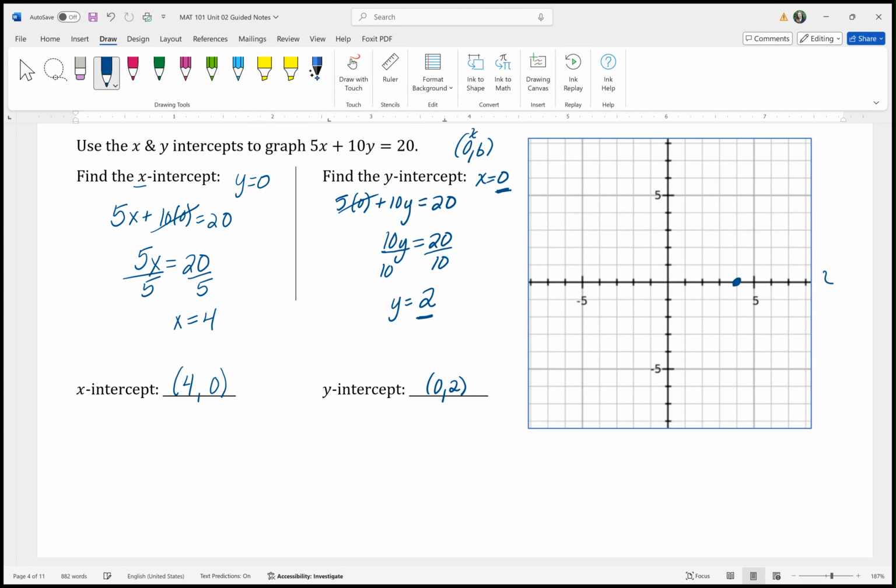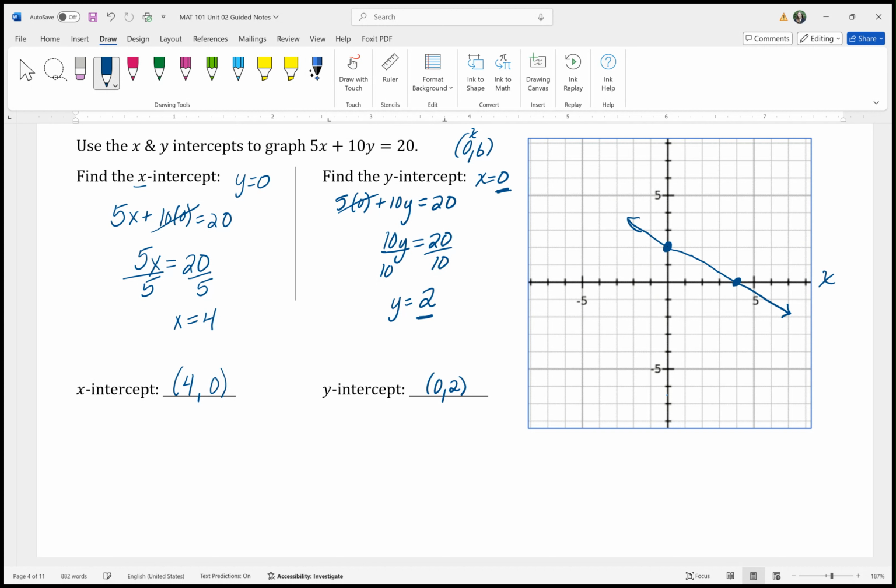Notice this is an x-intercept because it crosses the x-axis. So we are on the x-axis, confirming that this is the x-intercept. The y-intercept is (0, 2), so we start at the origin and go up 2. And we graph by connecting them, and that gives us this line.